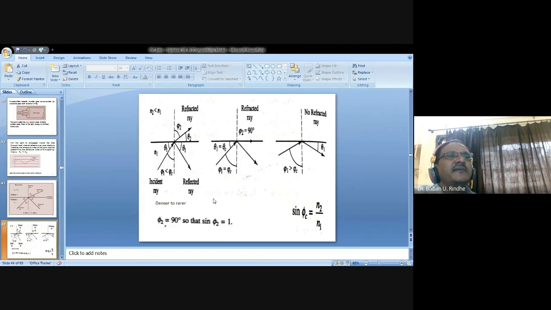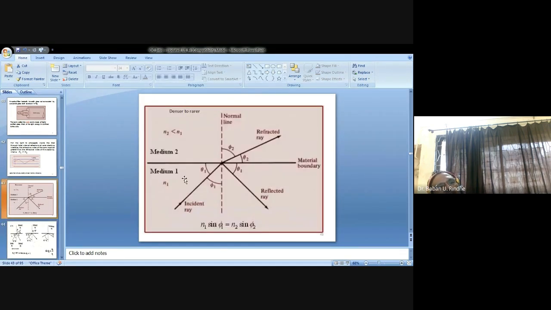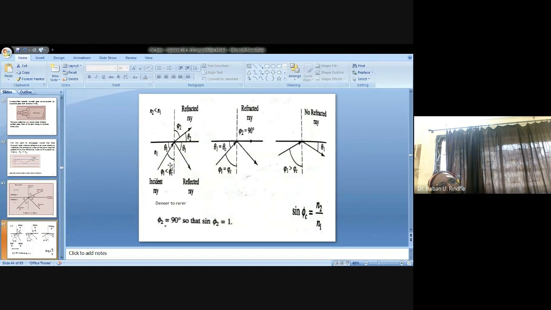Then here we are showing the critical case: when phi 1 is less than phi c, this incident light phi 1 is less than phi c. Suppose phi c is 45, then phi 1 should be less than phi c, that is, 40 degrees.